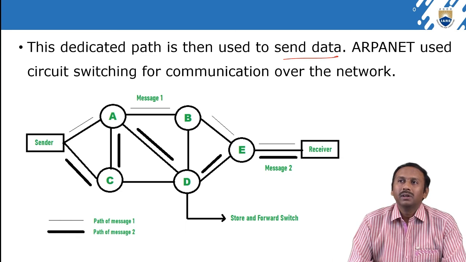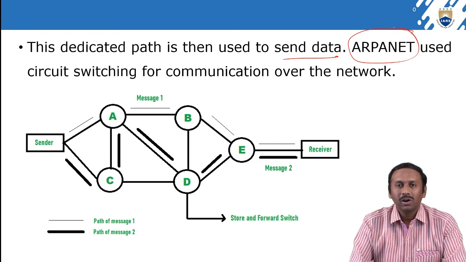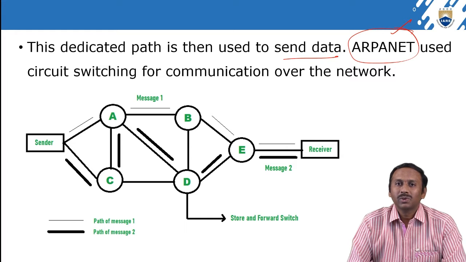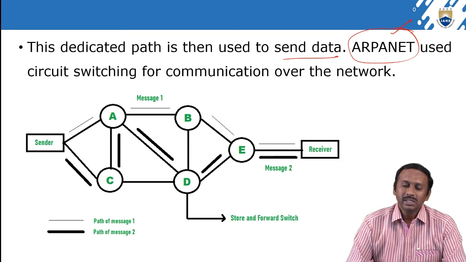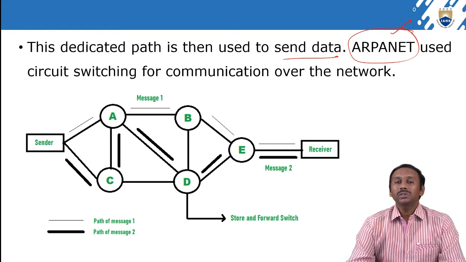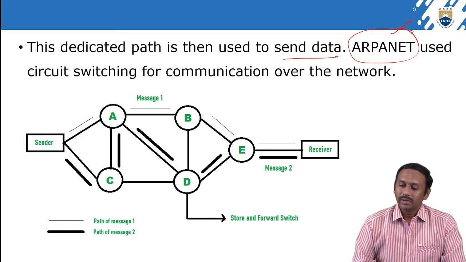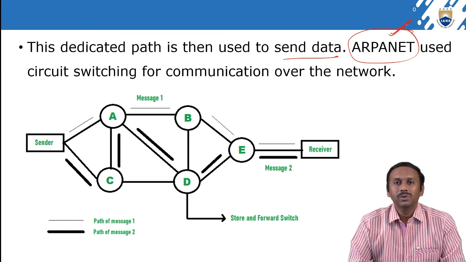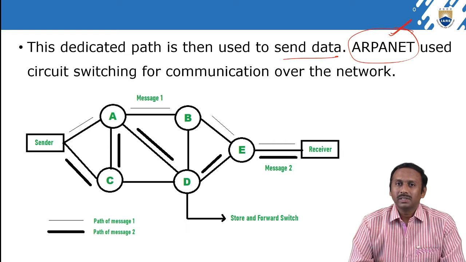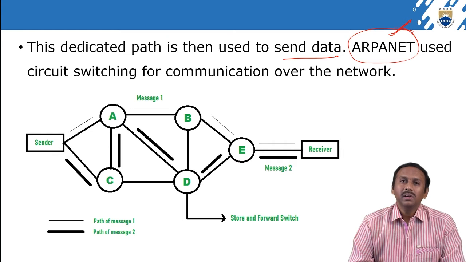ARPANET used circuit switching for communication over the network. We have heard of ARPANET, the Advanced Research Projects Agency Network. This is the first network, introduced by the US defense department, which is why we can also call it DARPANET. The US defense people started this internet concept.